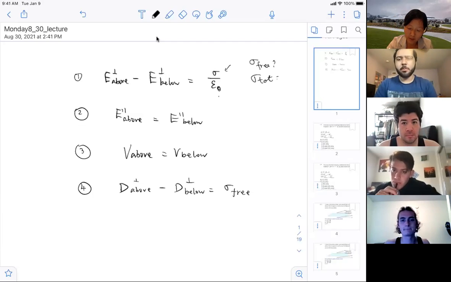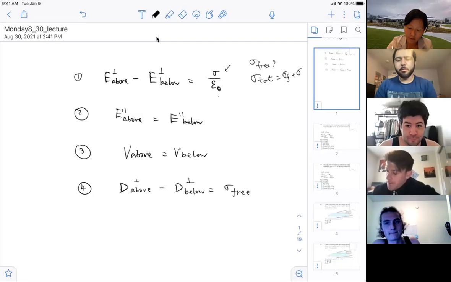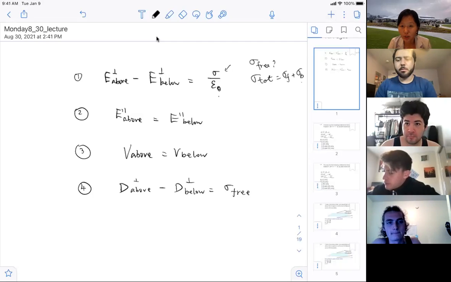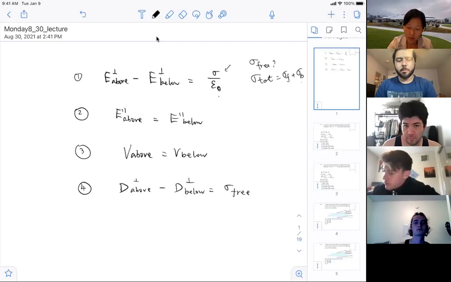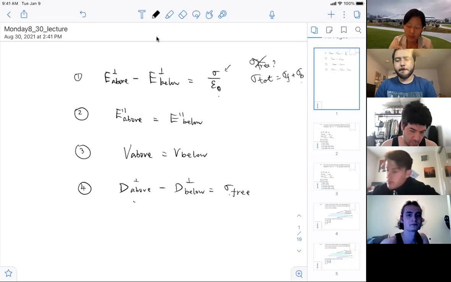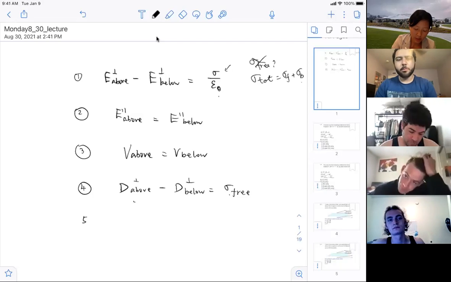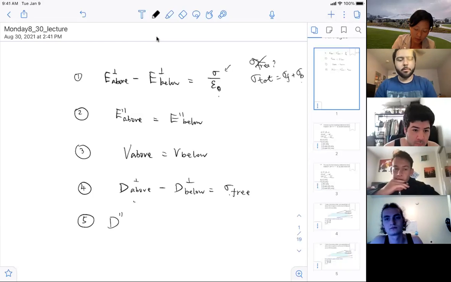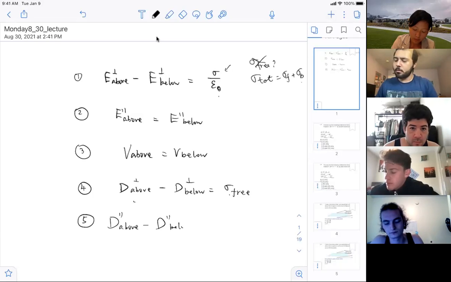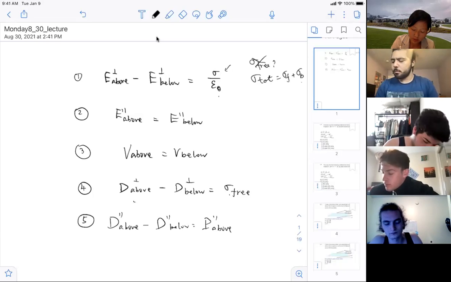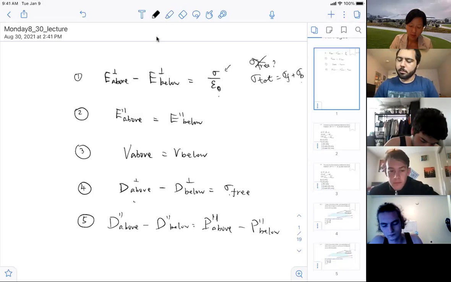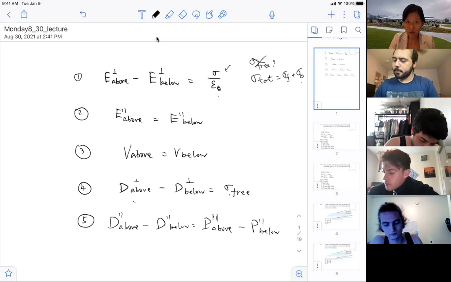You might have sigma free and you might have sigma bound, bound charges, when you have polarization, but D only involves sigma free. The very last one is the parallel component of D, which is the same as your polarization parallel minus polarization below. Okay, so we have done all of these.